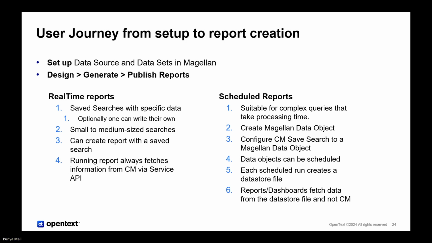The way this works is CM has saved searches, which is basically a query that is saved. And this plugin, the Content Manager Connector plugin, can actually trigger the saved search in Content Manager, fetch all the results, dump them into Magellan, and then create a report based on the Magellan data.